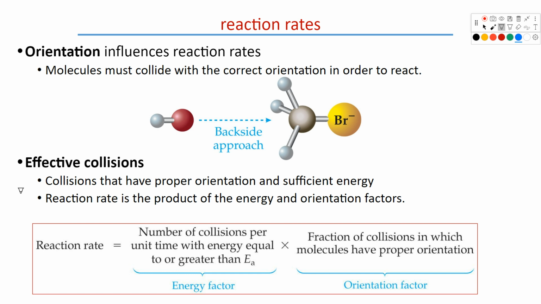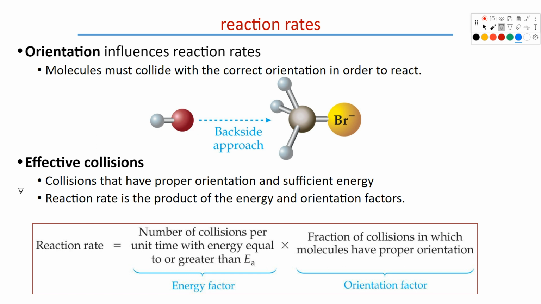The energy factor is the number of collisions per unit of time with energy equal to or greater than the energy of activation. This unit of time is typically seconds. So how many times are the molecules colliding in a second with energy equal to or greater than the energy of activation?